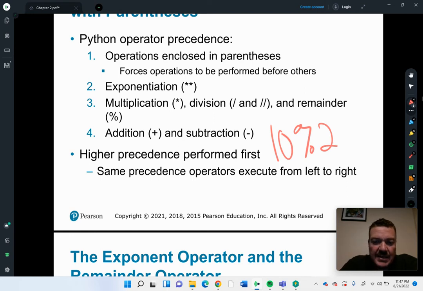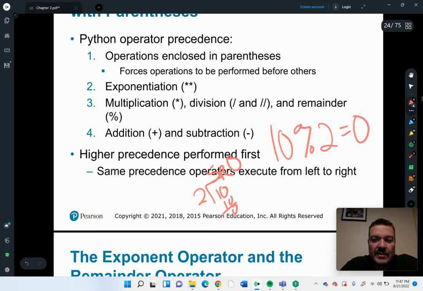What's going to happen is it's going to take 2, it's going to divide it into our number, which happens to be 5, and that means there's no remainder. So the answer to this is 0. 2 goes into 10 5 times with no remainder.